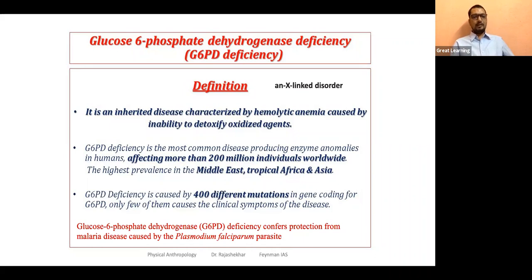So people who are G6PD deficient also show some protection against malaria. In tropical Africa and Asia, this balanced polymorphism is maintained for that reason.